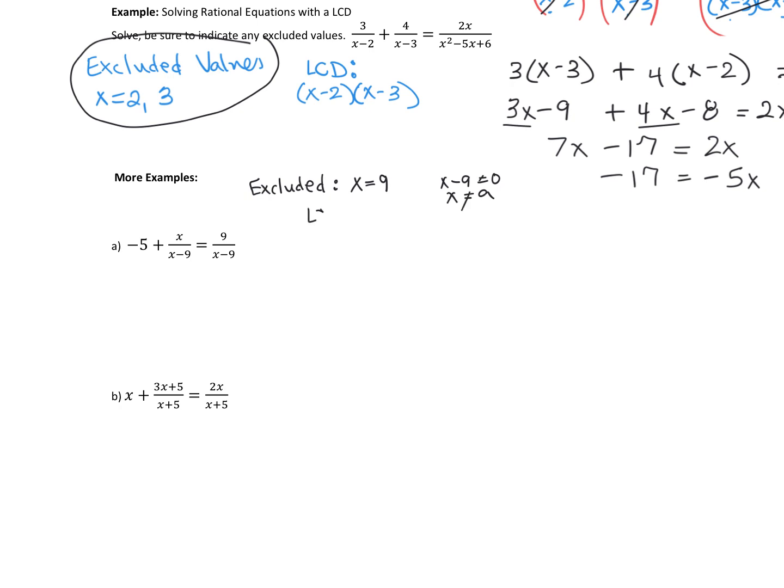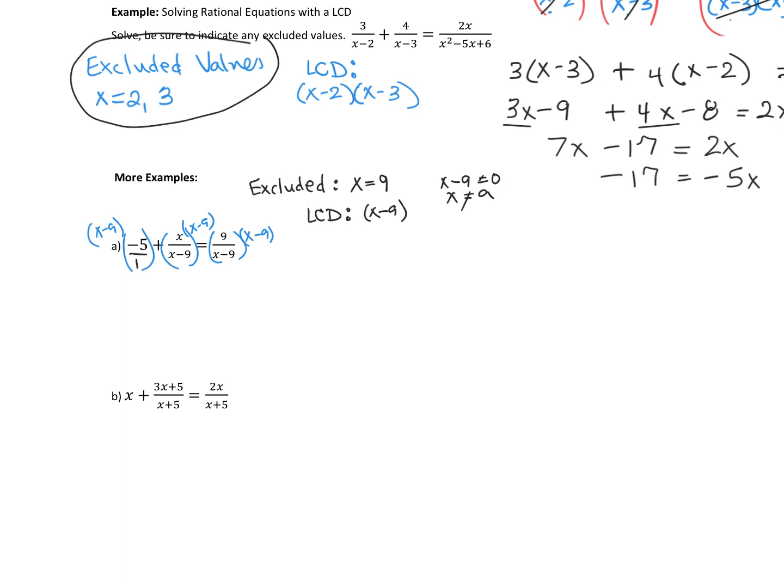And our least common denominator here is just x minus 9. So I'm going to multiply everything by x minus 9, and if it helps, you can write this negative 5 over 1.